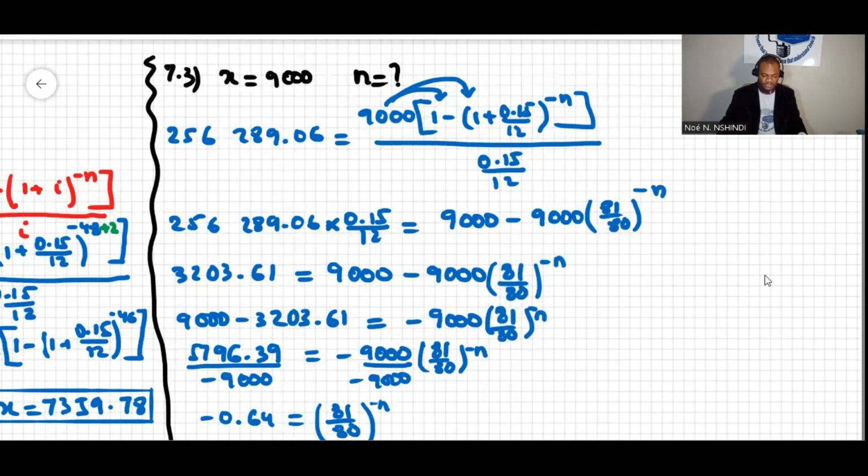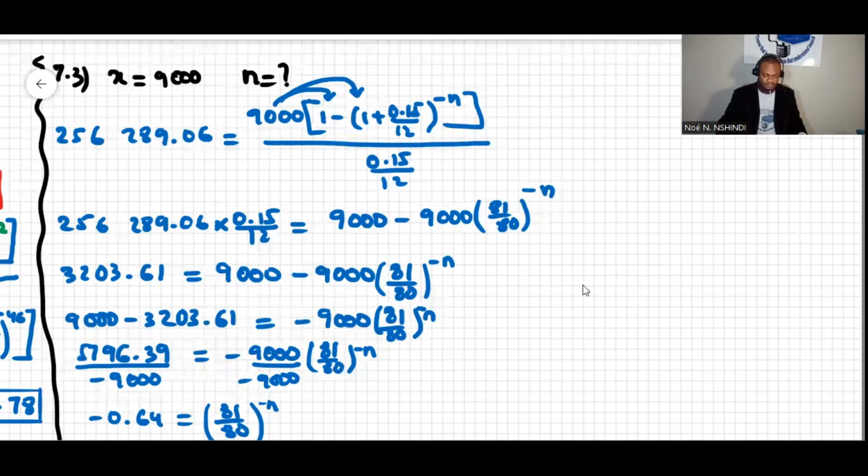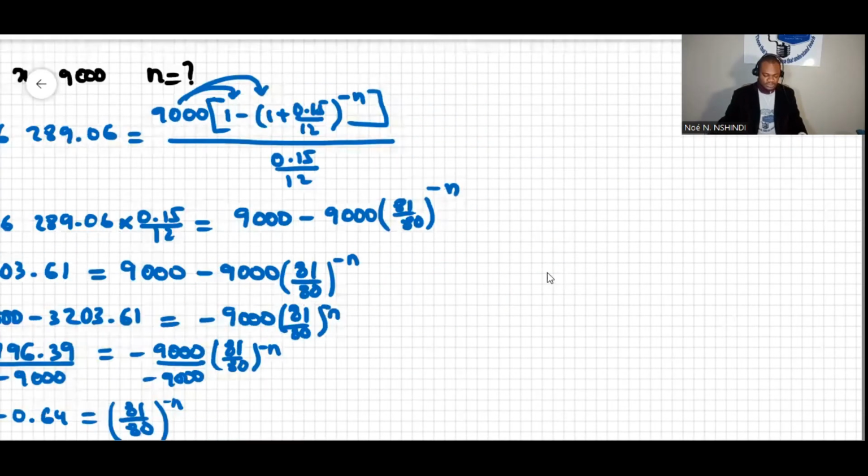Then let me just move the board this way. Over here, then you can use the logs.